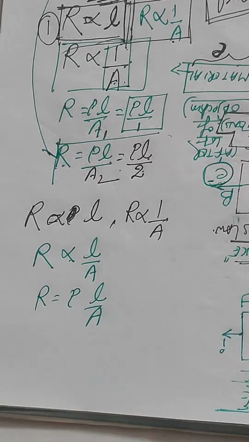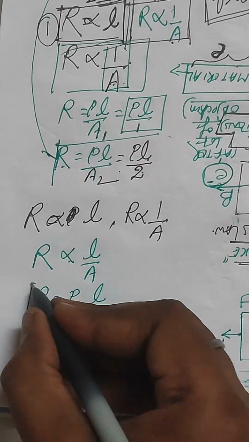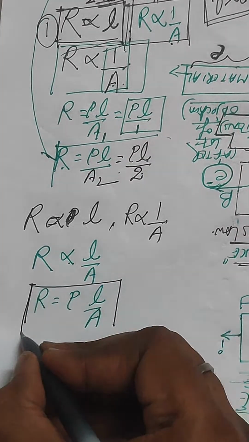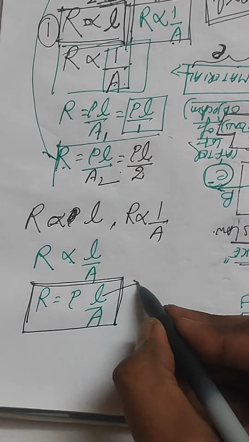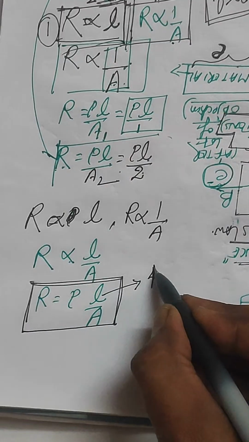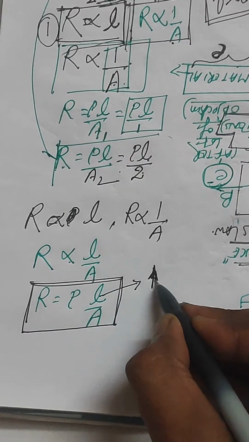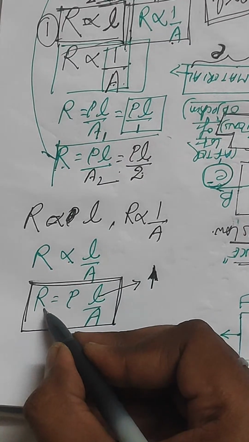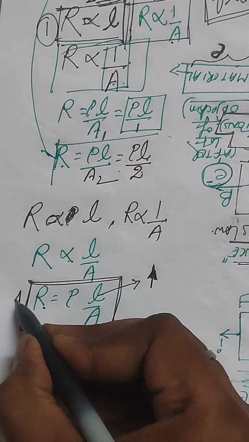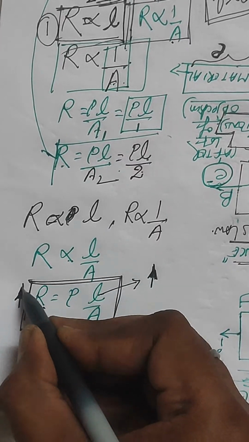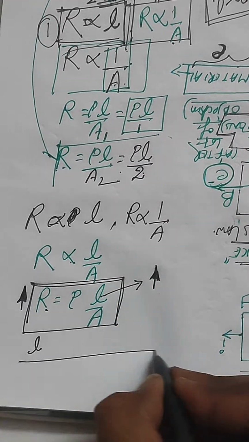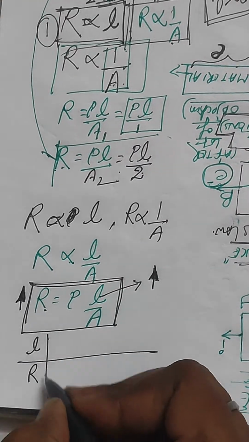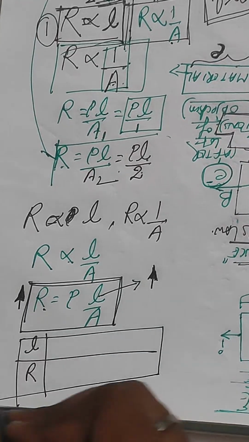So R equal to rho L by A is a relation which is derived, where we can see that whenever you are gradually increasing the length of the conductor, the resistance is gradually increasing, right? Suppose you have certain lengths, and you observe the resistance and plot that.